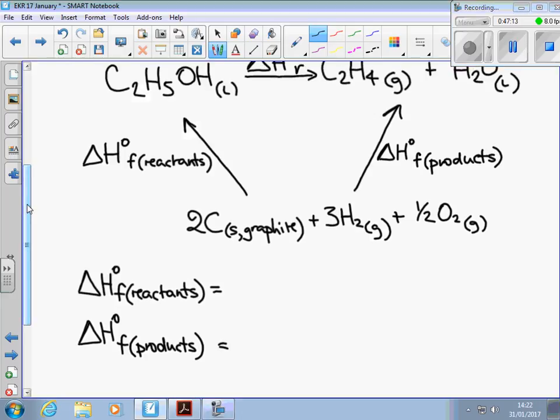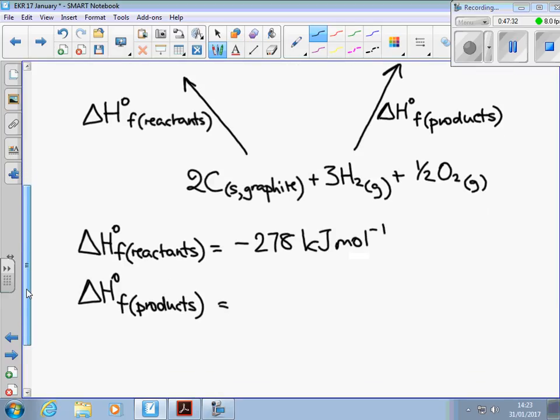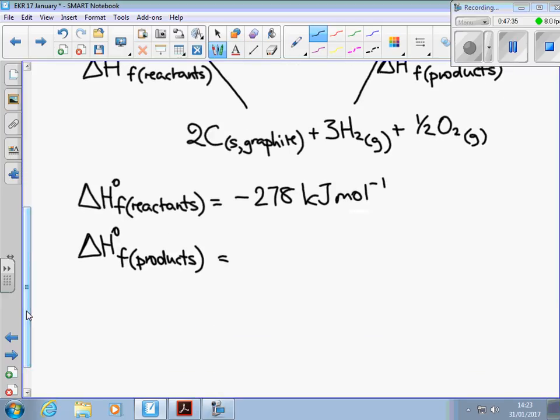For our reactants, then we've only got one item. We've only got the C2H5OH. So that's going to be our minus 278. I believe, yeah, minus 278. Let's stick the units in, good habits. Then for the products, we've got to add some stuff up.